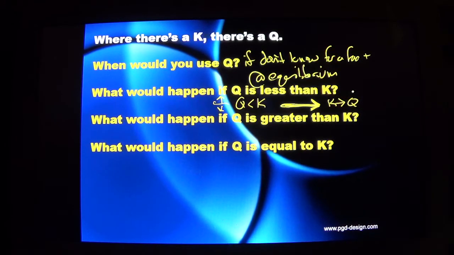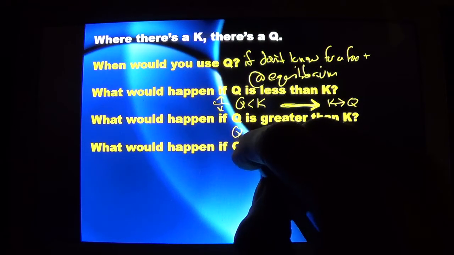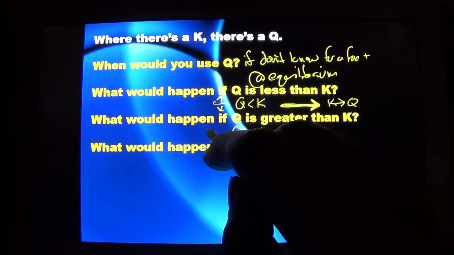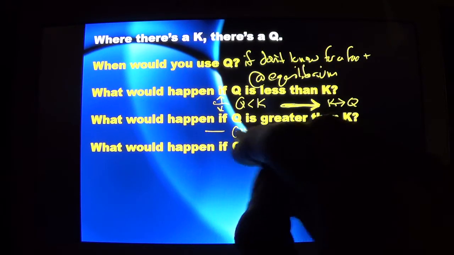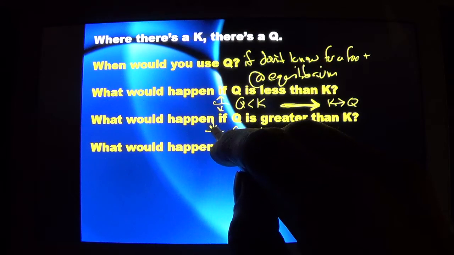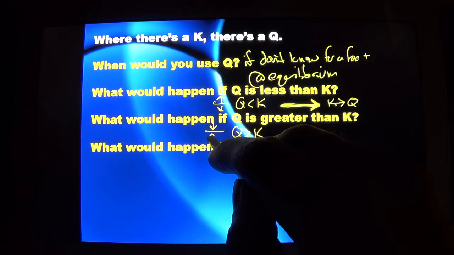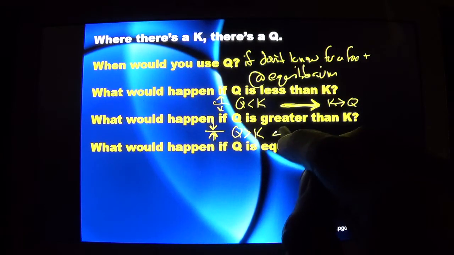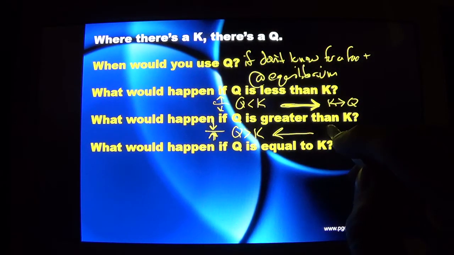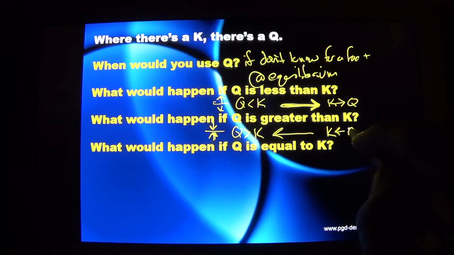What would happen if Q is greater than K? If Q is greater than K, I have too much numerator and not enough denominator. I want to make Q smaller to equal K. So I'm going to decrease the numerator and increase the denominator, products over reactants. That means we're going to shift to the left. And again, maybe double-check your thought process with our quick little mnemonic here.